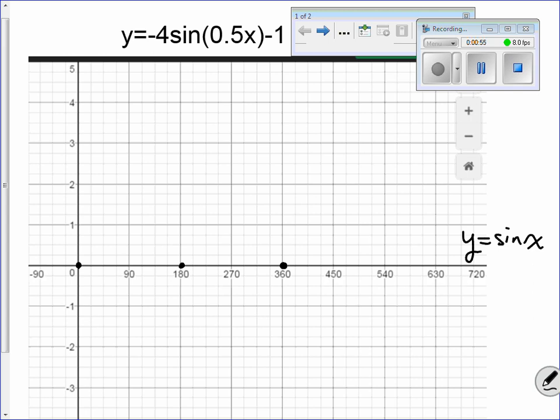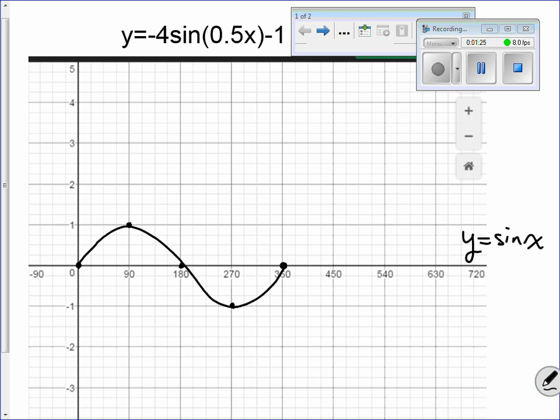For sine at 90, we get 1, so it's above the x-axis. And when we hit 270, it goes below, at -1. So I'm going to put a dot there. The very next thing we're going to do is draw our basic sine function. There we go, and we are perfect.